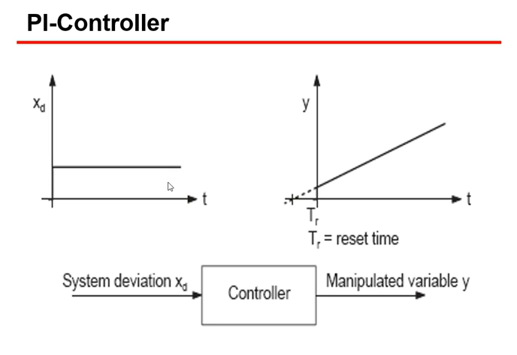If you see, this is my controller, which is the PI controller, and suppose the system deviation x(t) is a step signal, then you will get the manipulated variable like this. Now recall the proportional and integral separate responses. In case of proportional only, you will get a response like this, and in case of integral you will get a response starting from 0, increasing with a slope from 0.